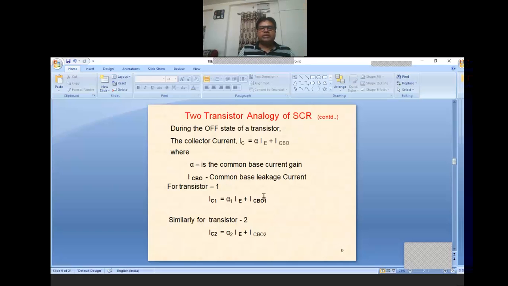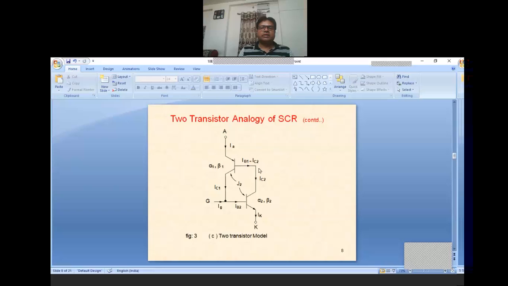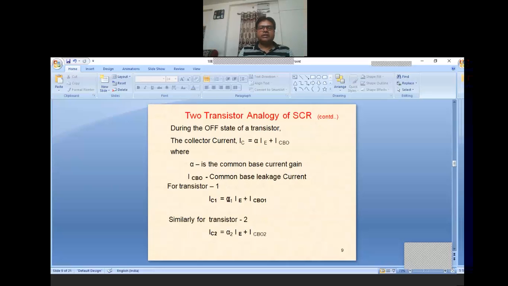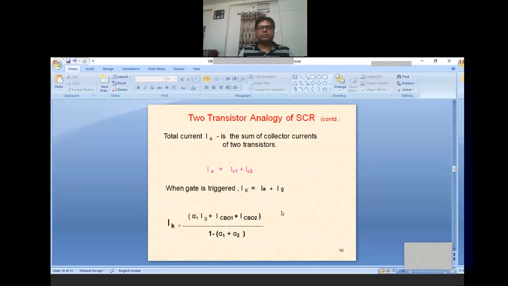The same thing in equation form, how the collector currents go on increasing, can be understood like this. During the off state of a transistor, the collector current IC is alpha IE plus ICBO, where alpha is the common base current gain and ICBO is the common base leakage current. So for transistor T1, IC1 is alpha 1 IE plus ICBO1, and for transistor T2 it is alpha 2 IE plus ICBO2.